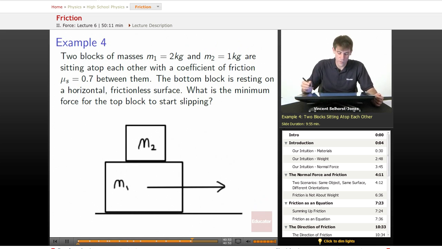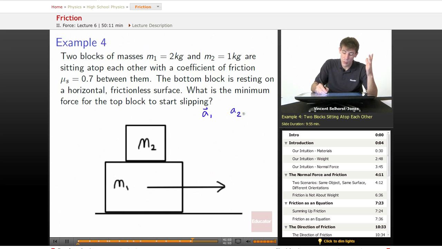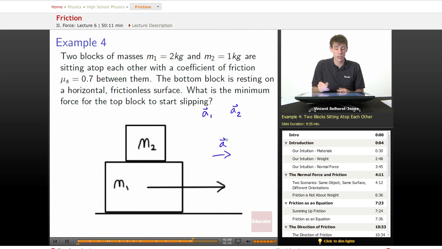All right, so first of all, if they're moving at the same rate, what does that mean? Well, that means we've got some a1 acceleration, and some a2 acceleration, and they're both going to be moving in the direction of force. But what would it mean if they had different accelerations?